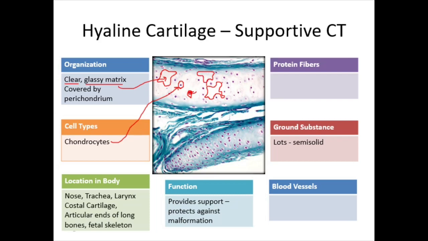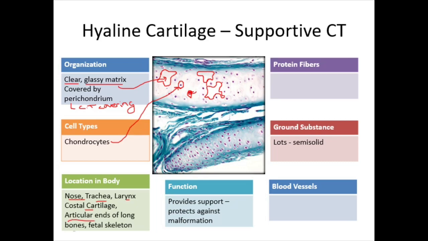Okay. The perichondrium is a connective tissue. It's actually dense, irregular connective tissue covering cartilage. We find this in the nose, the trachea, larynx, costal cartilage, and anywhere you're going to have synovial joints with articular cartilage. Also, the fetal skeleton is mostly hyaline cartilage.